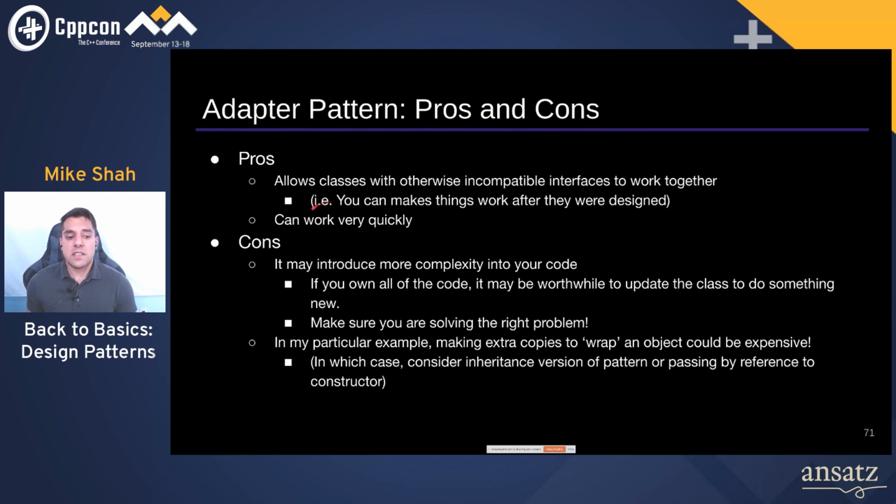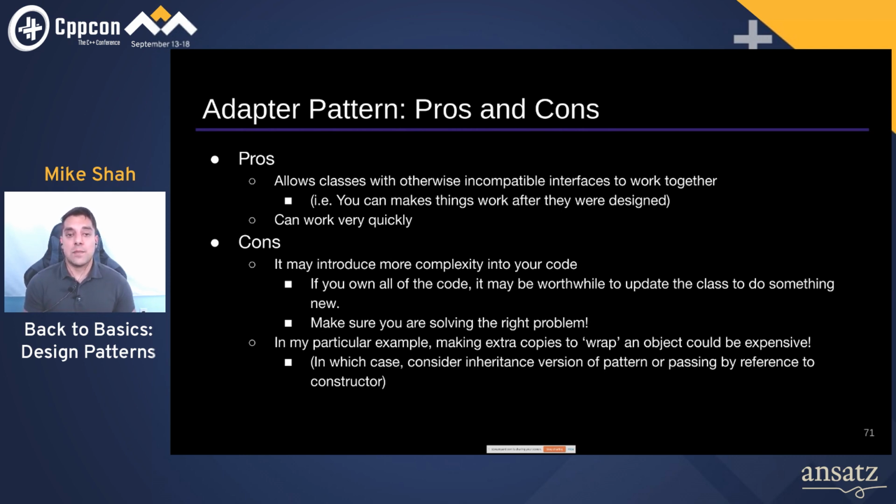Now, the cons are that you may introduce more complexity into your code. You can imagine me seeing this pattern and saying, wow, that was easy. Now I'm just going to wrap every other type into its own unique instance of another data type that I need. And then all of a sudden, if you have lots and lots of different data types with just slight variations, you've potentially introduced a lot of complexity in your code.